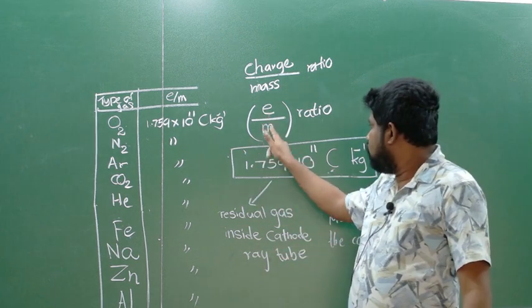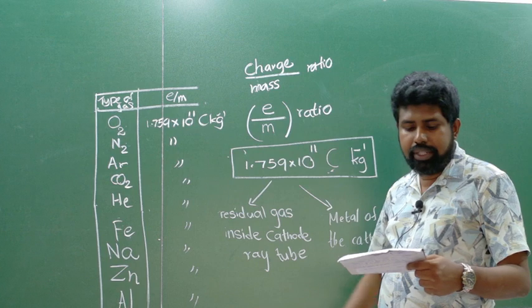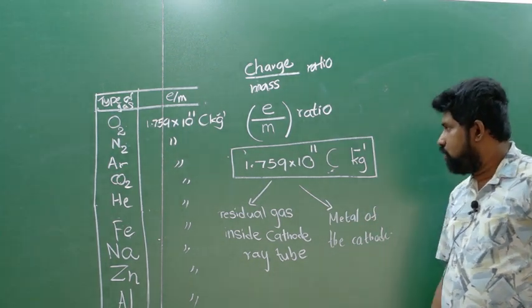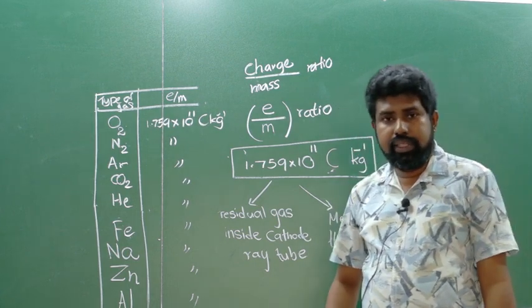You can write it like that, e/m. No need to put a bracket. Ratios were measured.